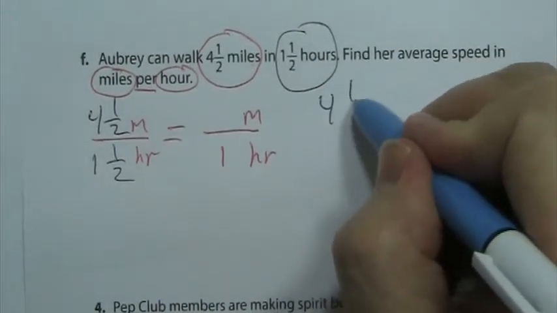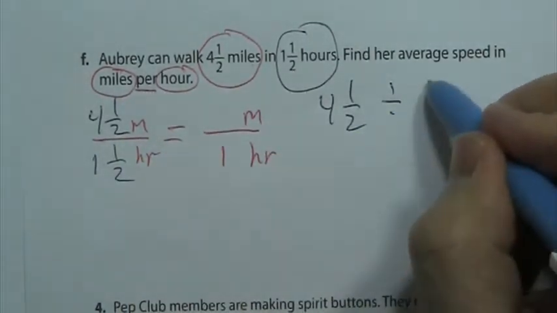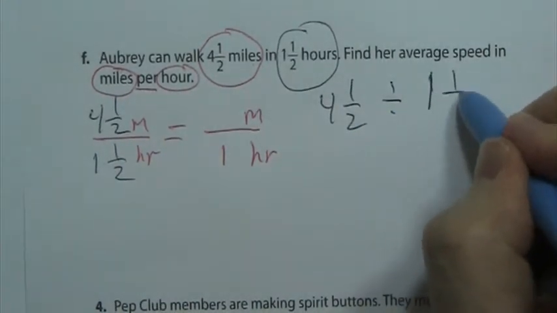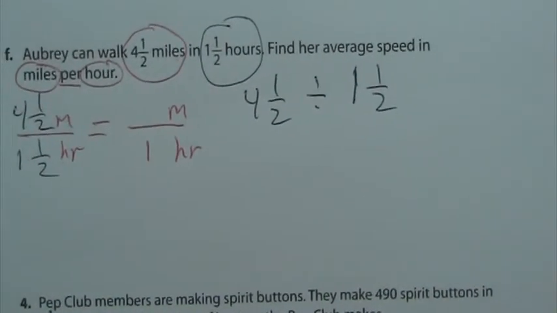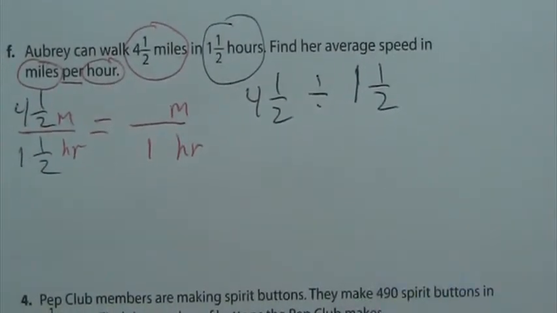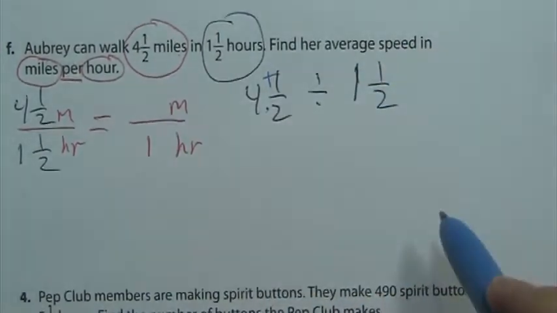So we have 4.5 divided by 1.5. All right. Well, you know what? Sometimes it's easier just to make them fractions first and then change it. So I'm going to do the times plus.